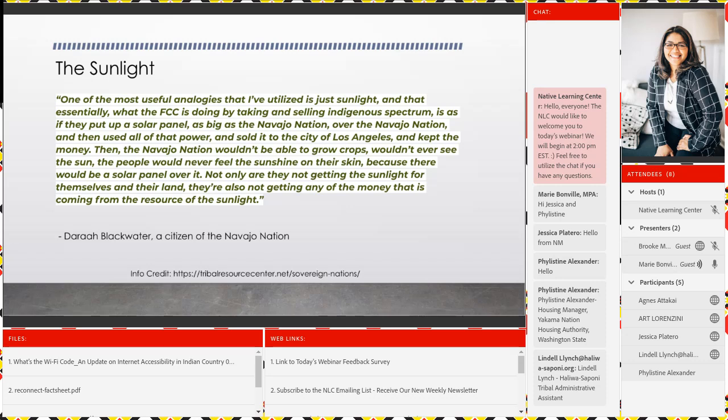If that took place and they kept the money, then the Navajo Nation wouldn't be able to grow crops, and the people would never feel the sunshine on their skin because there would be a solar panel over it, right? Now, not only are they not getting the sunlight for themselves or their land, they are also not getting any of the money that is coming from the resource of the sunlight. And again, this is Dara Blackwater, a citizen of Navajo Nation.